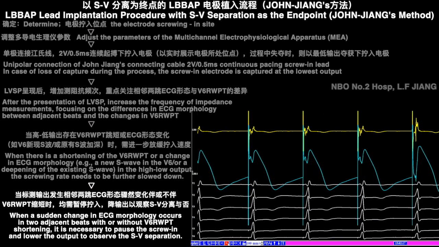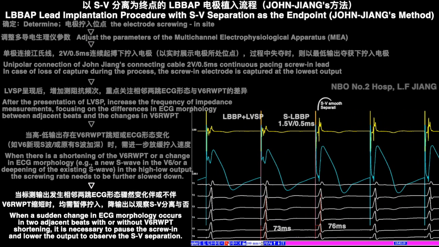In this case, when output voltage decreased from 2V to 1.5V, a clearly visible SV smooth separation interval appears in the EGM.